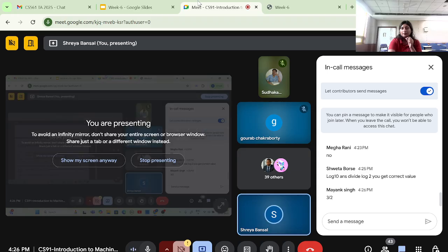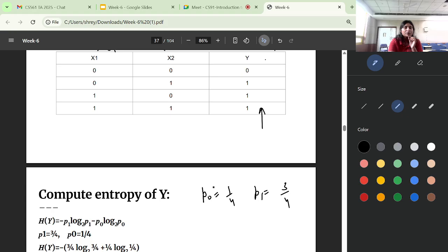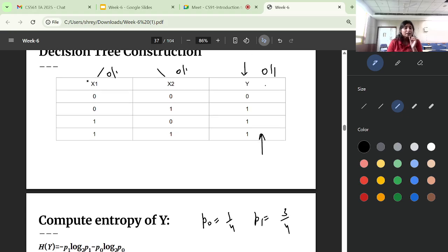Is this fine? So basically this is the first step when you are using entropy for your splitting. First we calculate the entropy of the final attribute. Now we calculate information gain for each remaining attribute.